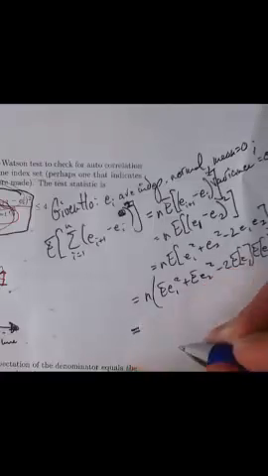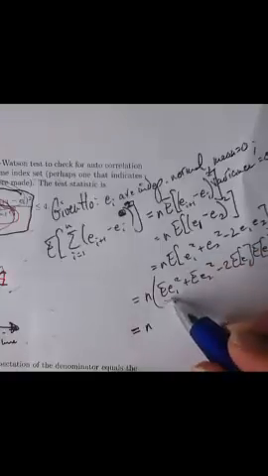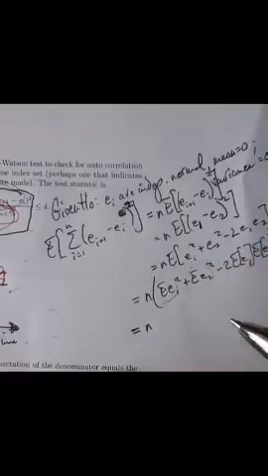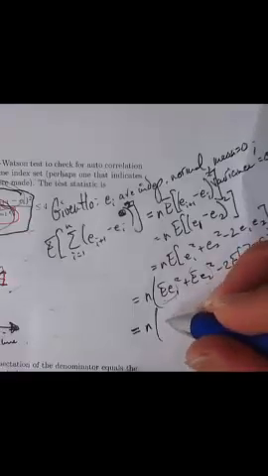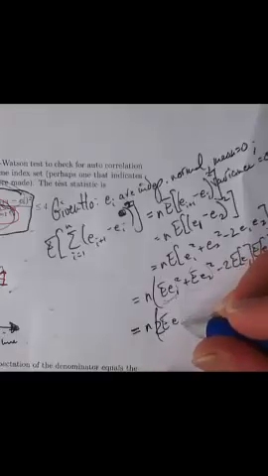So then I'm left with n times, hey, you know what? These expectations should be the same, right? Because E1 and E2 behave the same. So I could just say that this is 2 times the expected value of E1 squared, right there. And then minus, these means are the same. They're both mu. Minus 2 mu squared, right?